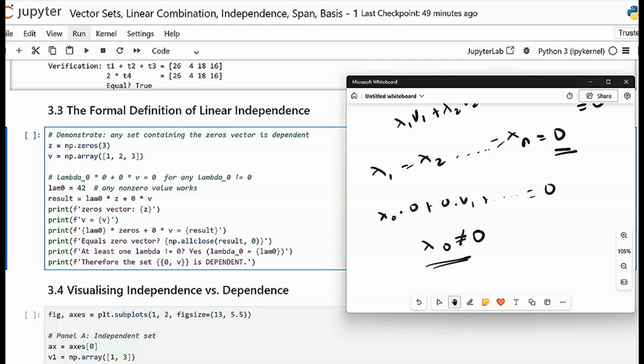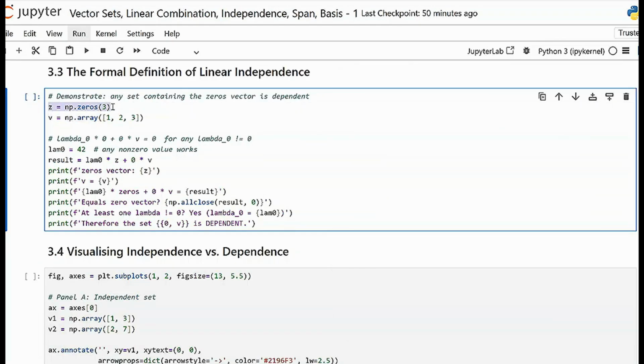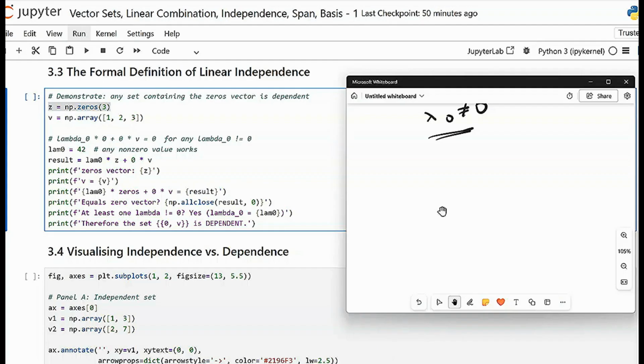Let me discuss it using this code. Kindly observe this Z that creates a zero vector with 3 components. So here we have Z equal to 0, 0, 0.